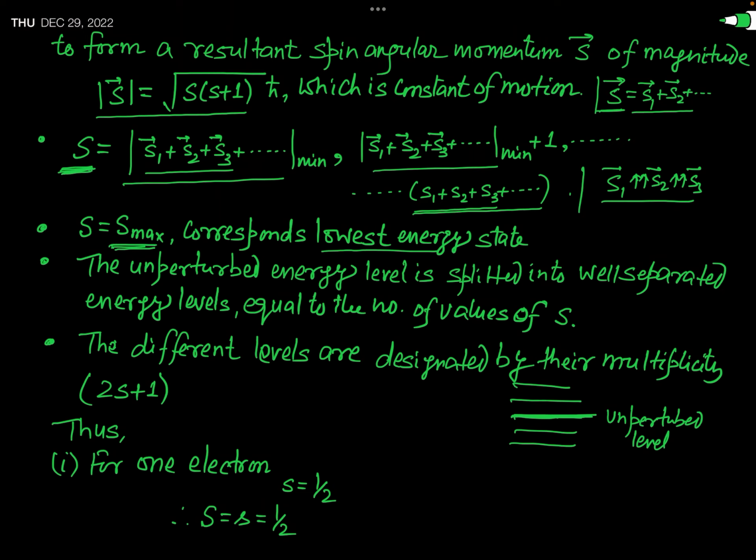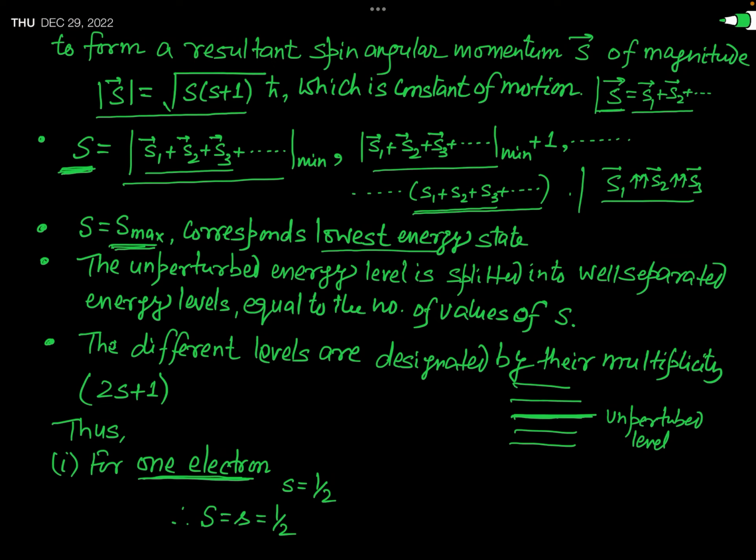Now let us find the value of the total spin quantum number S by taking some examples. Let us consider there is only one optical electron. If there is only one optical electron, there will be no spin interaction, because interaction will take place only when there are at least 2 electrons. Then the spins of the 2 electrons will interact. But here I am considering that there is only one electron, so there will be no spin interaction.